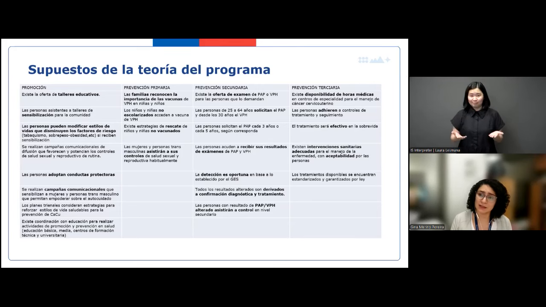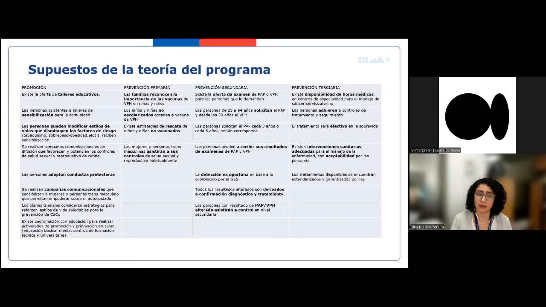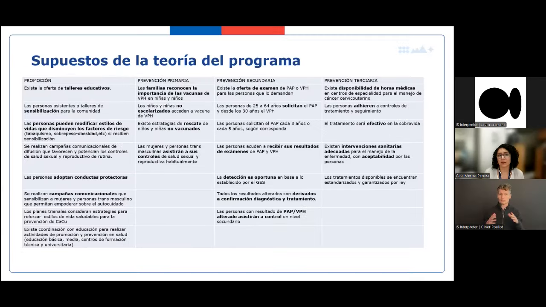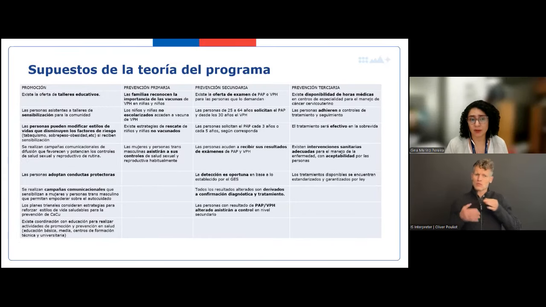Although there is no correlation, we will be working with this. And for those who are not accepting this, we will design a strategy to go look for these children so they are not left behind. We also have women who will be going to their control appointments.